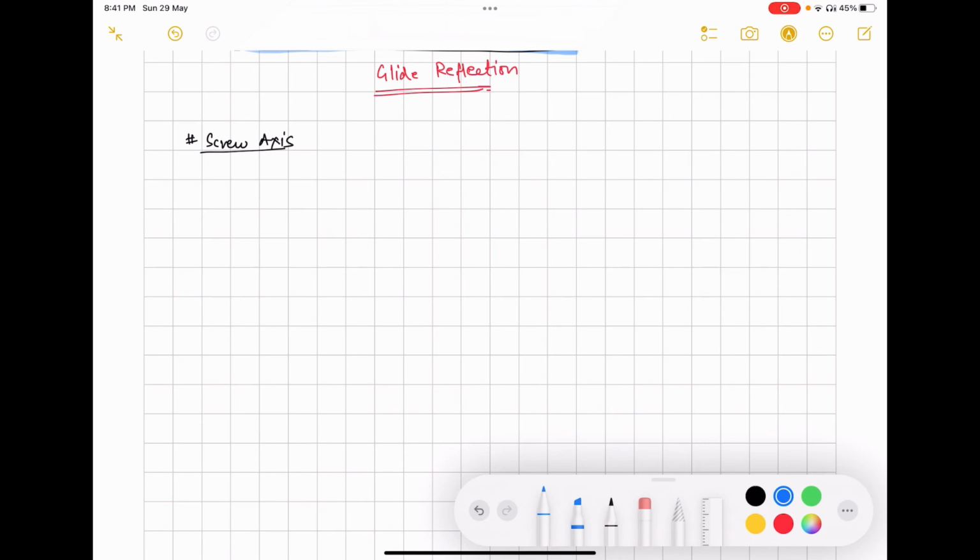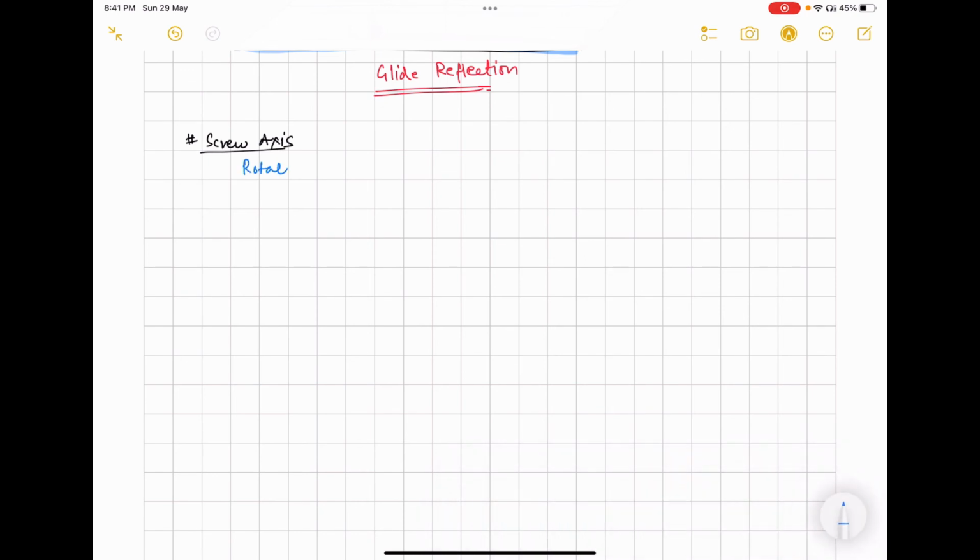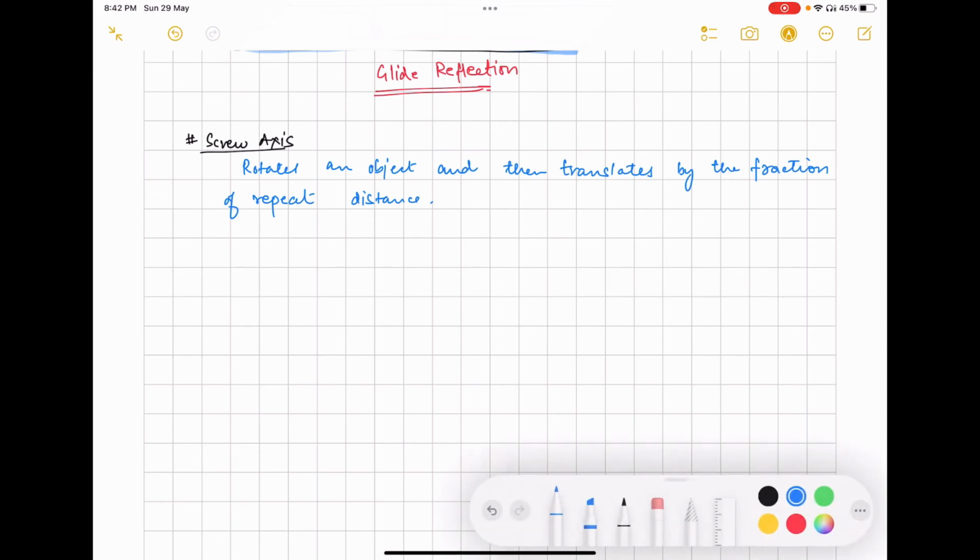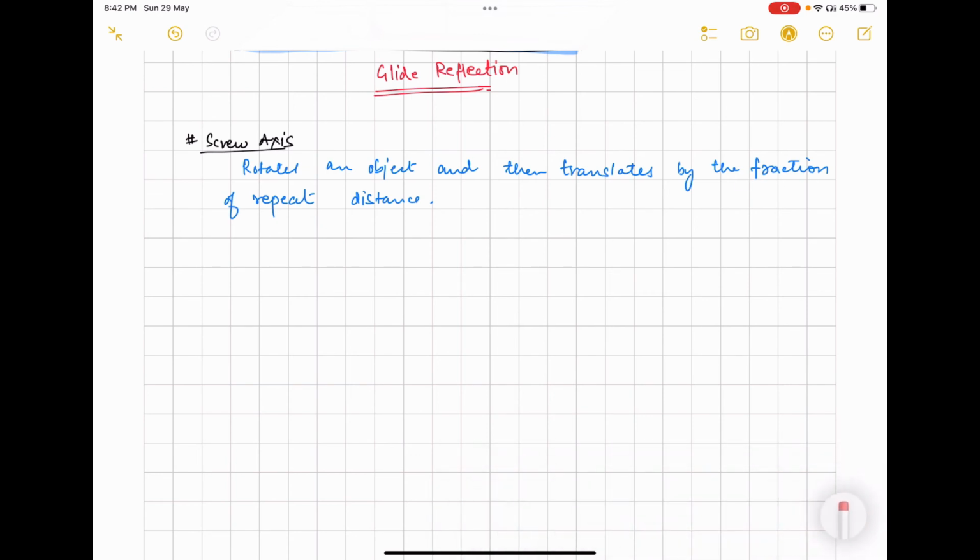It basically rotates an object and then translates it by a fraction of the repeat distance. So the translation is just by the fraction of the repeat distance.